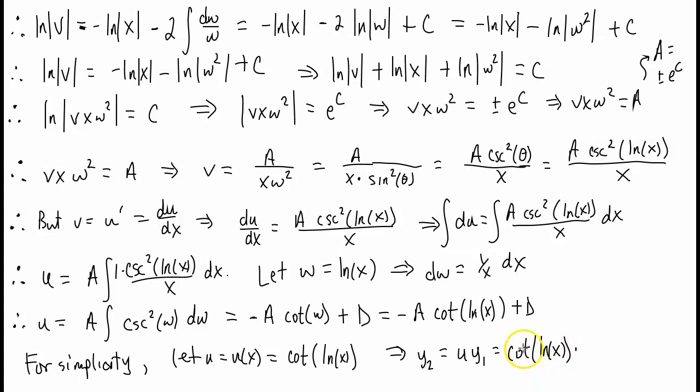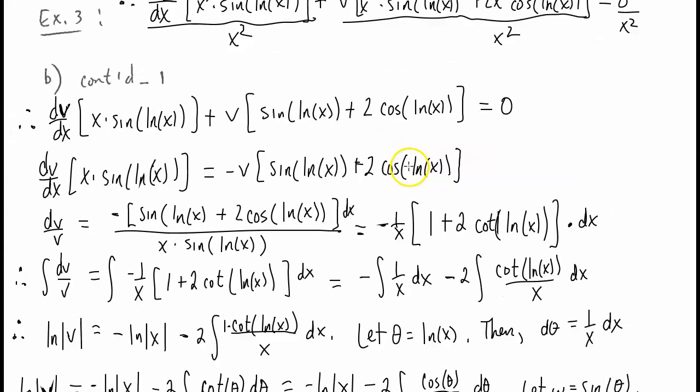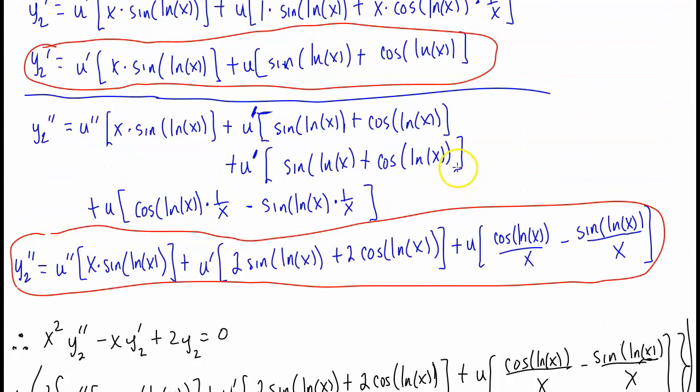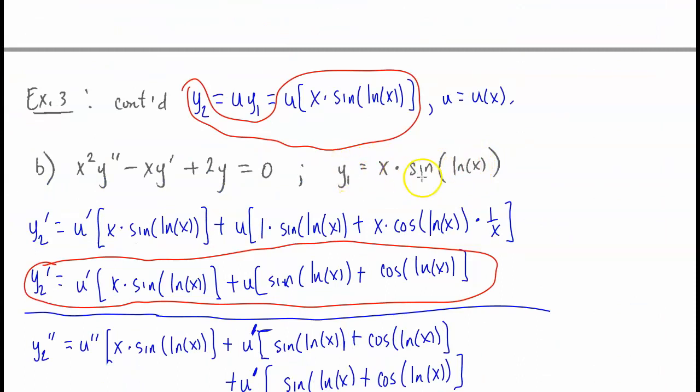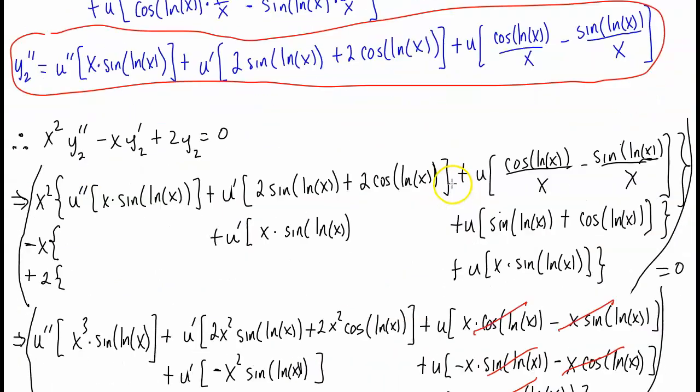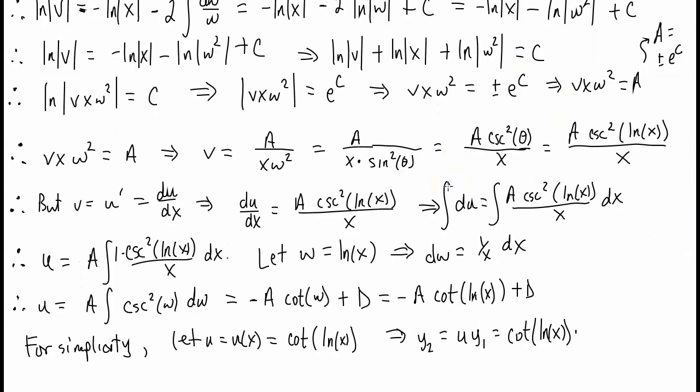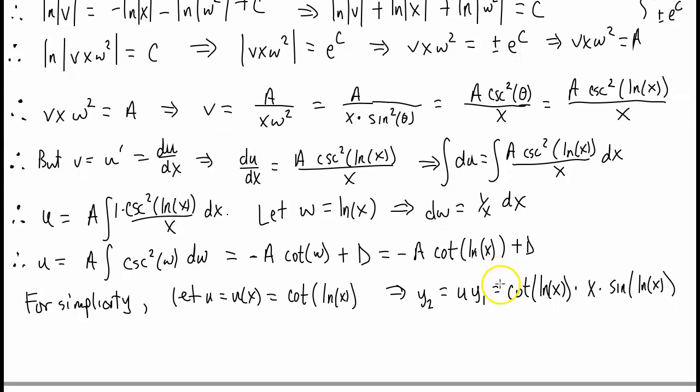And if you remember, our y1 way back in the beginning of the problem, let's go back there, our y1 was x times sine of natural log of x. Okay. So we'll go and write that in. So x times sine of natural log of x.